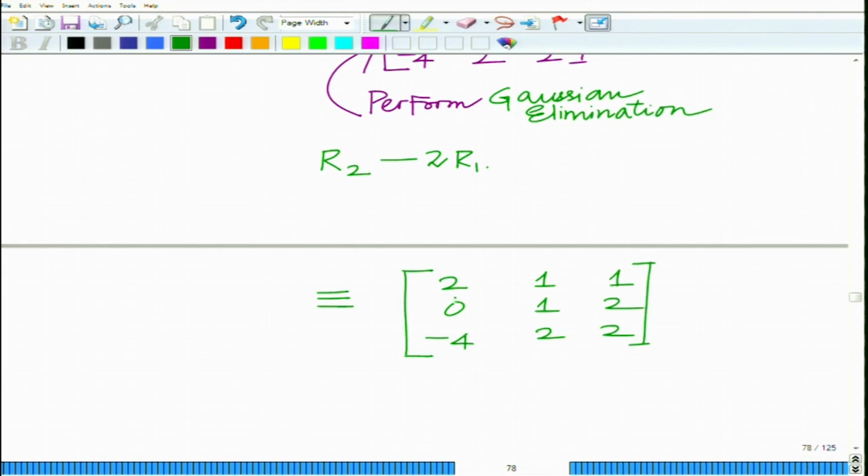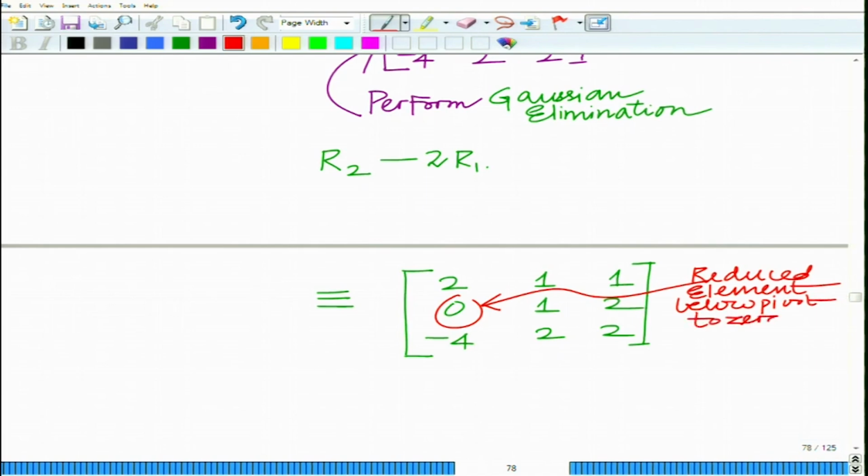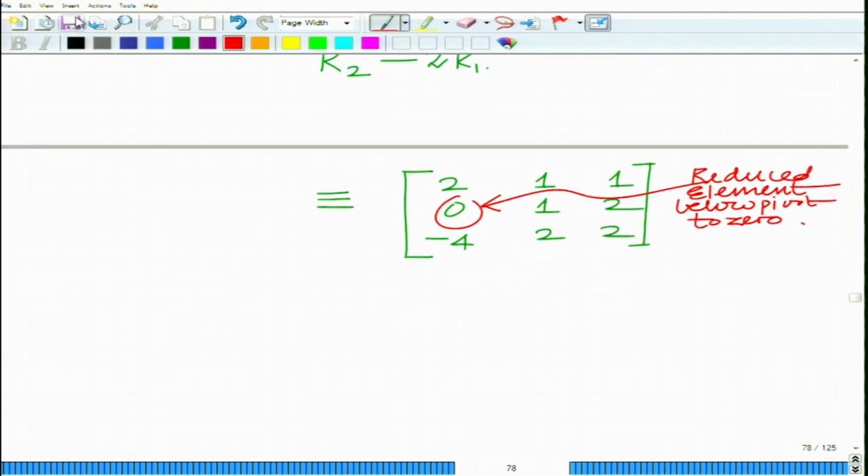So, we have reduced this element below the pivot to 0.